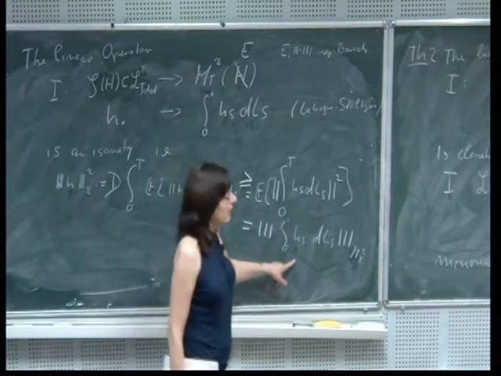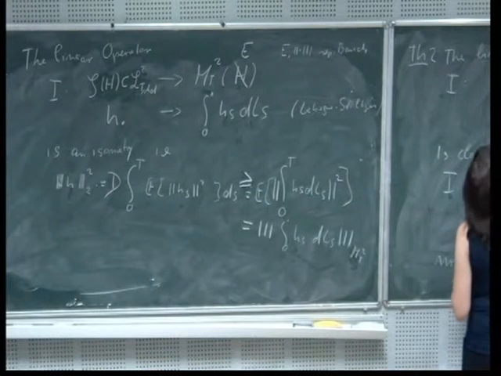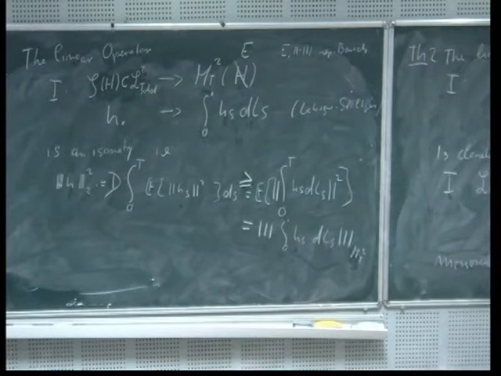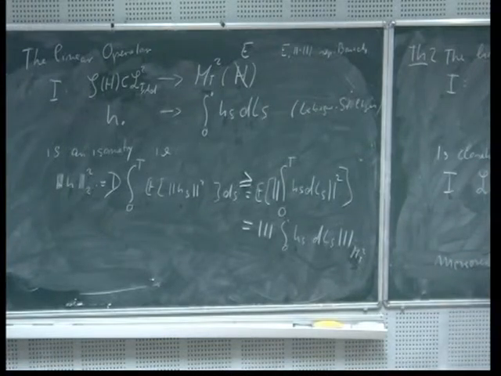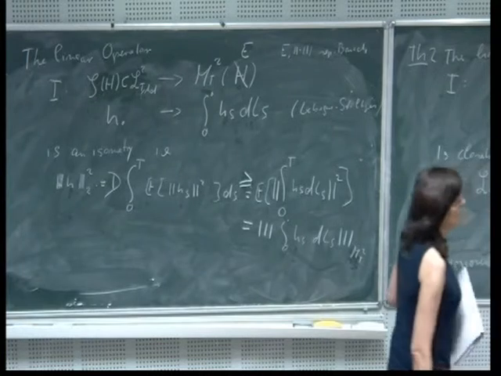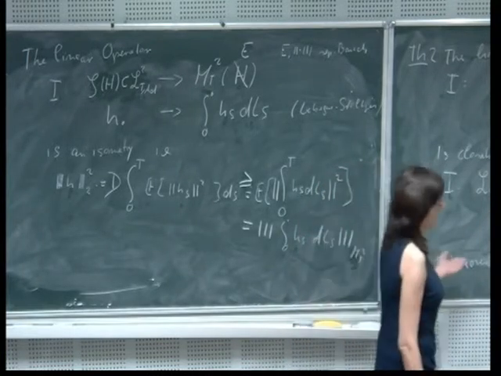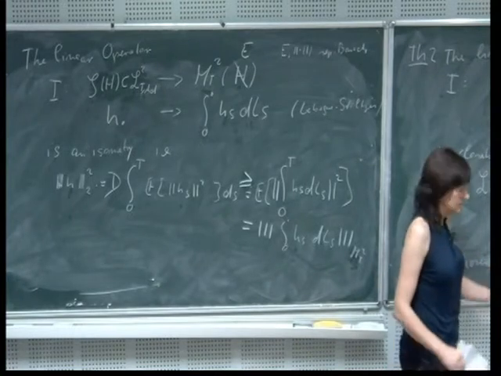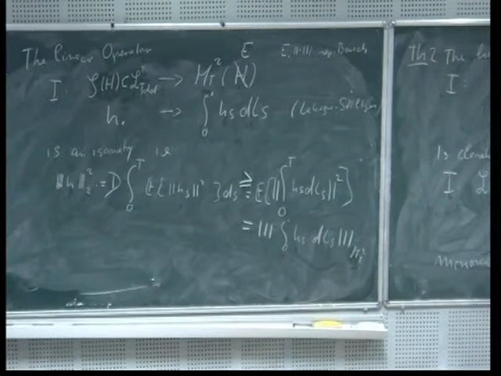And therefore, again, this operator could be closed by the same arguments as before. And this is a continuous operator, but this is not anymore an isometry. It's only a continuous operator.